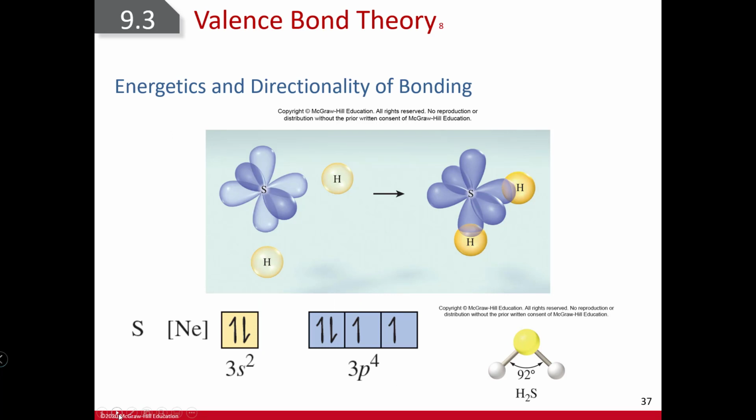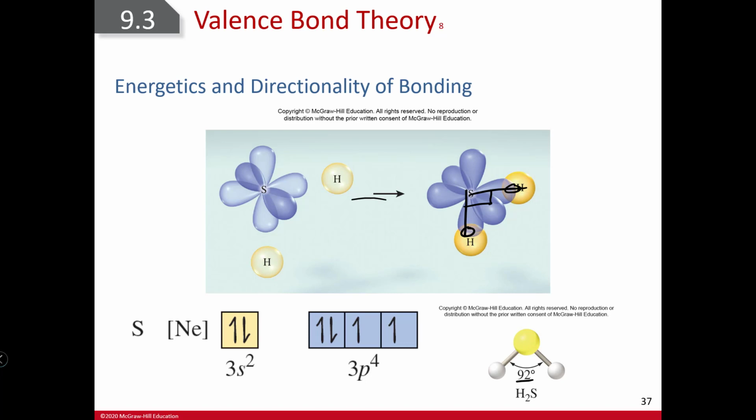So here, what I want to show is something really important to think about. If this hydrogen bonds with the p orbital and this hydrogen bonds with this p orbital, you would expect the angle here to be about 90 degrees, right? Now, it actually comes out to be 92.